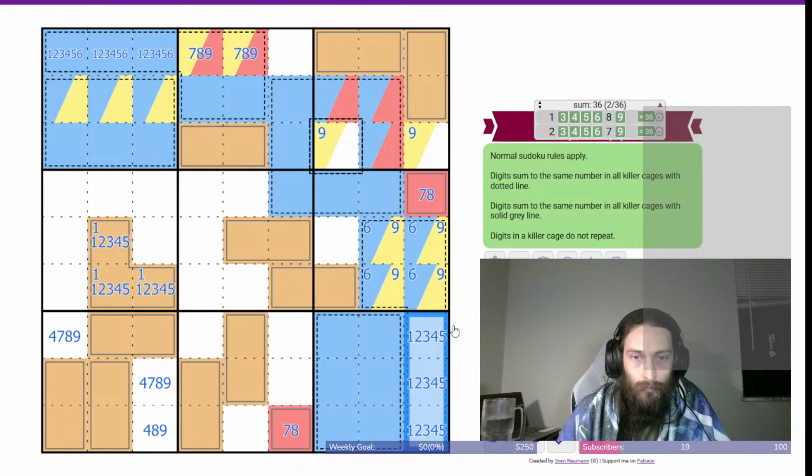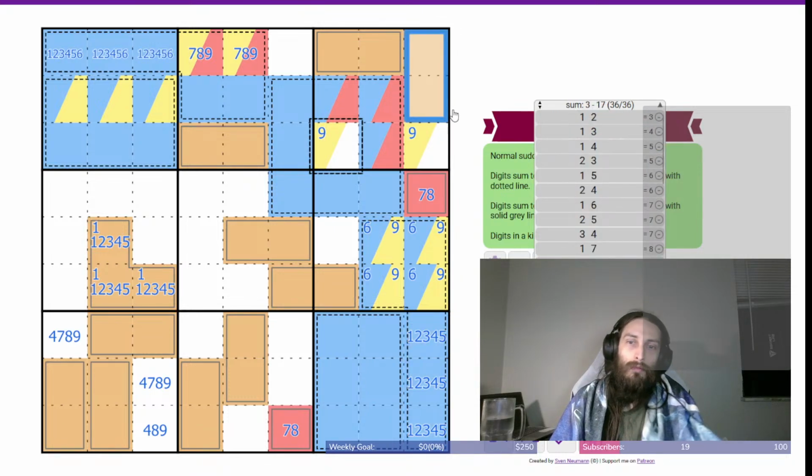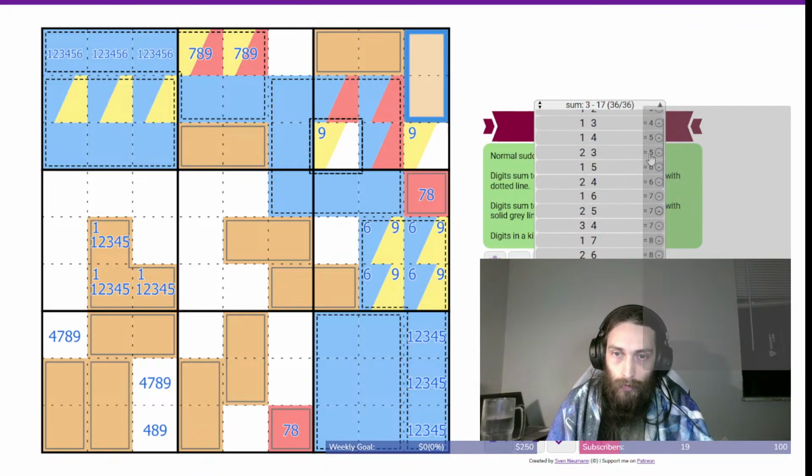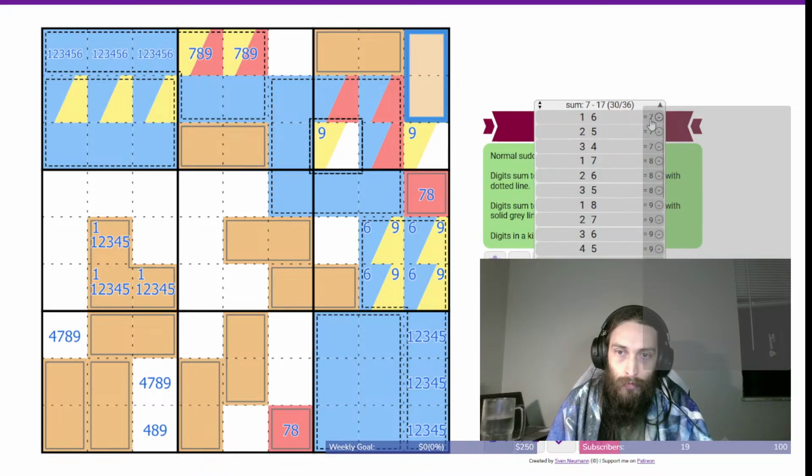Alright, so 2, 3, 4 would be 1, 6. Yeah, I was forgetting what I was doing. 1, 2, 5 would be 3, 4. Okay. So we know this is either 7 or 8. 1, 3, 5.